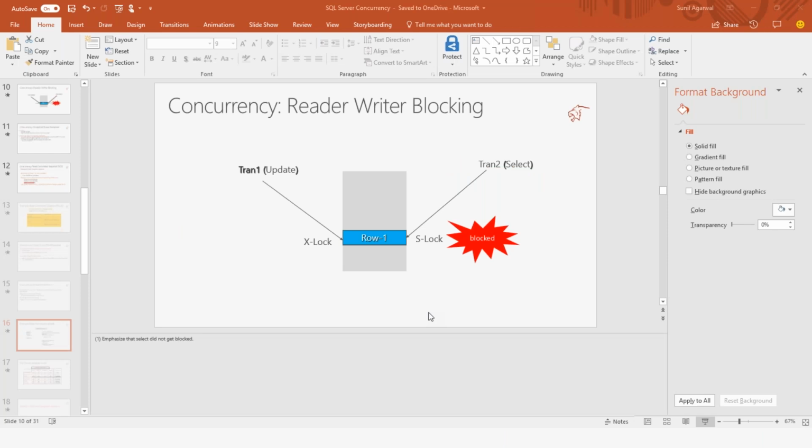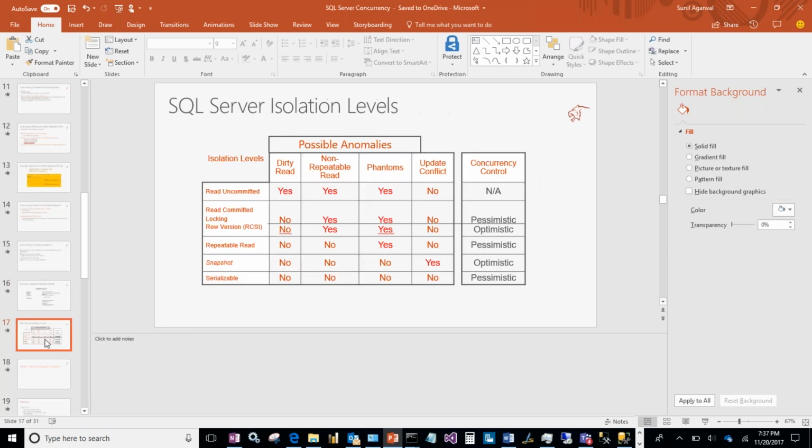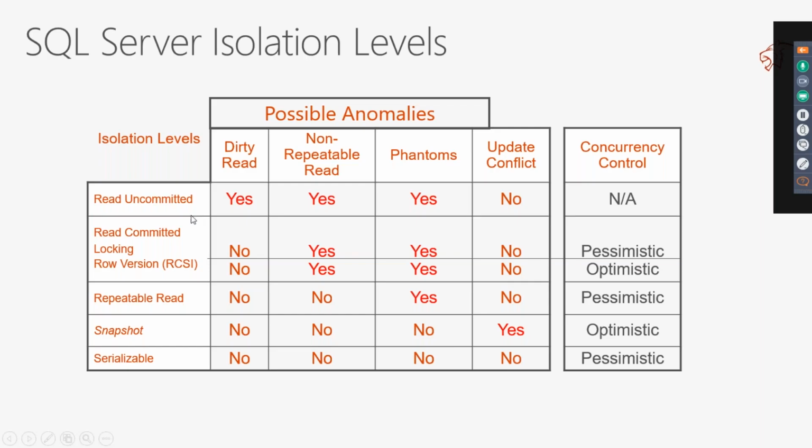Okay. I will show you finally the isolation level table, and then I'm going to conclude my presentation. Remember I was talking about isolation levels, read uncommitted, read committed, and all these things. Dirty read, non-repeatable read, phantoms, etc. But read committed now has 2 versions.